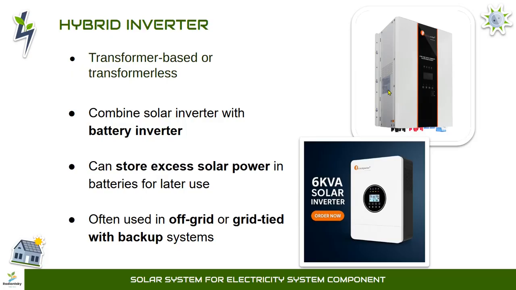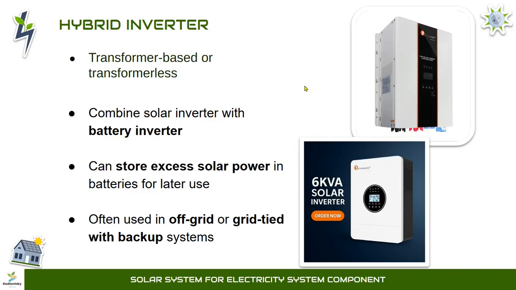This kind of inverter also has the power to connect your utility grid, like NEPA, to your inverter. When there is no sun, or when there is shade, the utility grid will charge your battery and also power your home. So this is how a hybrid inverter works. They are multifunctional.